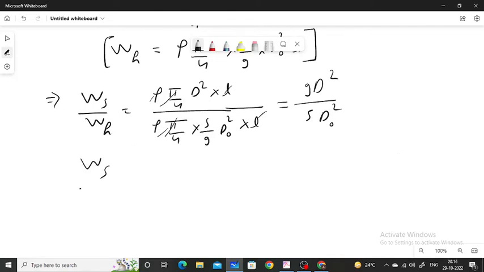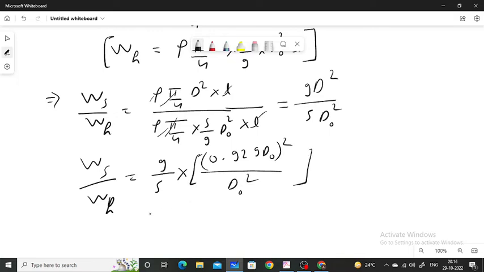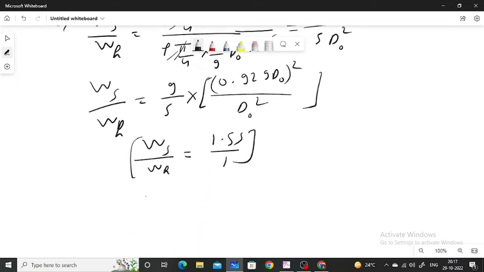Now Ws upon Wh will be equal to 9 by 5 into 0.929, outer diameter of hollow circular shaft upon d. This gives Ws upon Wh equal to 1.55 by 1. So the weight ratio: Ws will be equal to 1.55 of Wh.